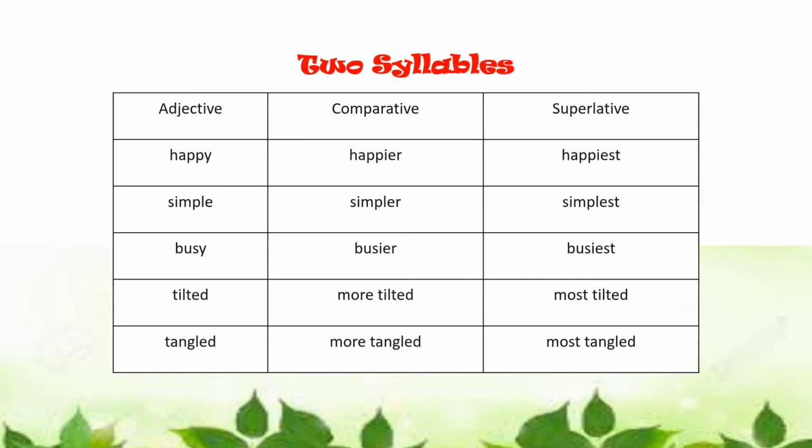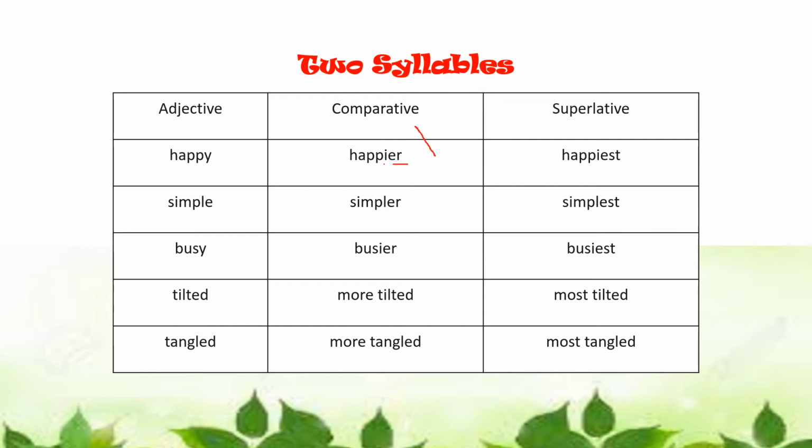Two syllables. We have here the adjectives, comparative, and the superlative. Here we have a 2-syllable word, which is happy. We change the y to i and add er to make it the comparative form. So that is according to the rule.